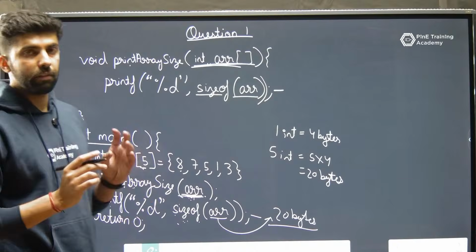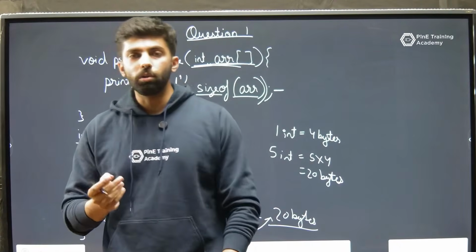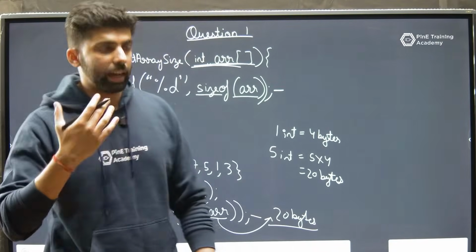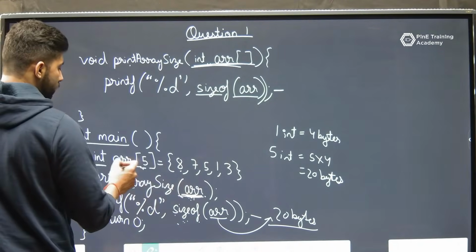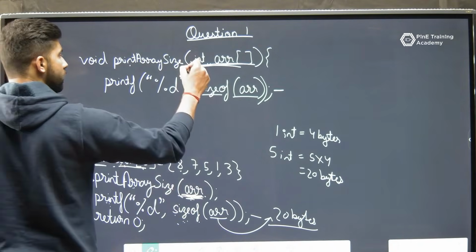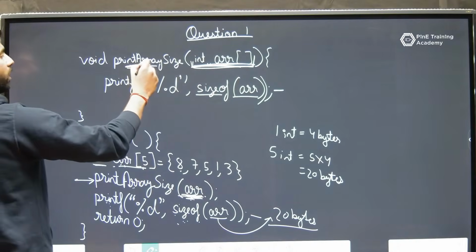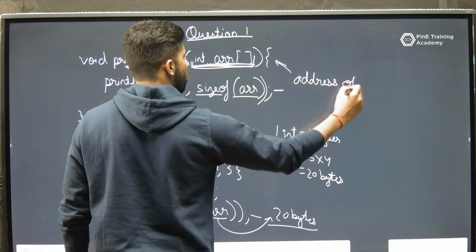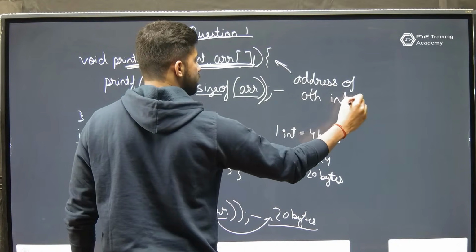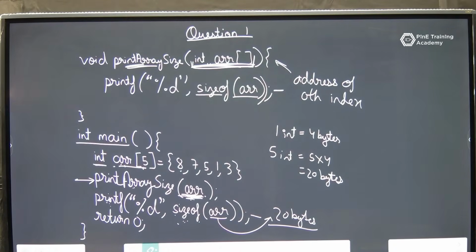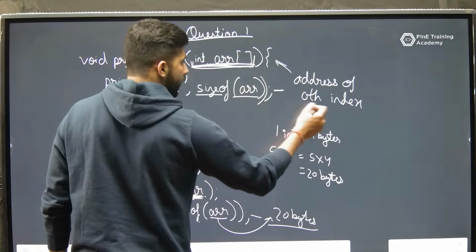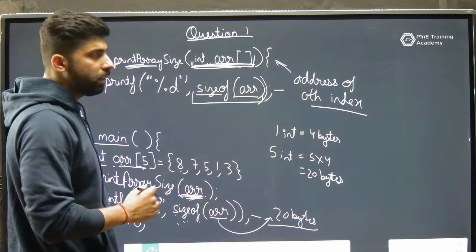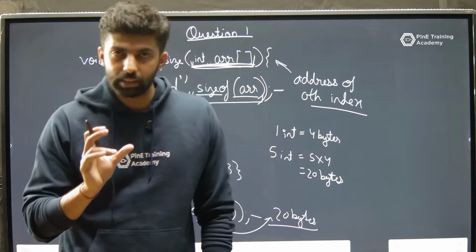If you remember our class on arrays, I told you an array stores the address of its 0th index. That means when I'm passing this array in the function, this function will receive the address of the 0th index, right? And since it will receive the address of the 0th index, when I print the size of the array, it will print the size of an address.